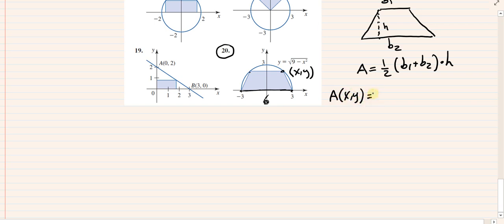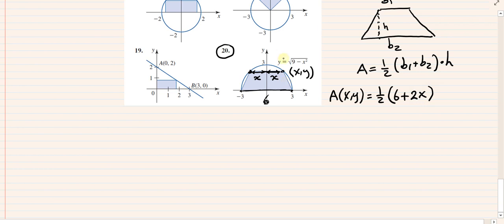So what is it going to be? It's going to be 1/2. The longer base is always 6, plus the shorter base, which is going to be, there you go, that distance, isn't that x? And of course, because you have the entire length of that base, it's going to be another x. So 2x is the length of that base.